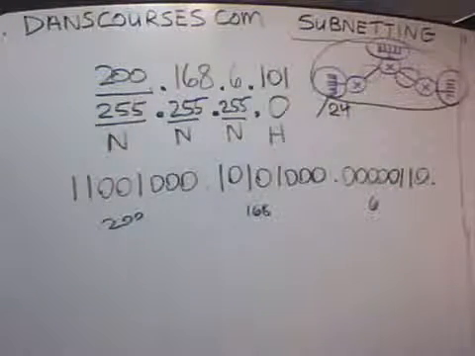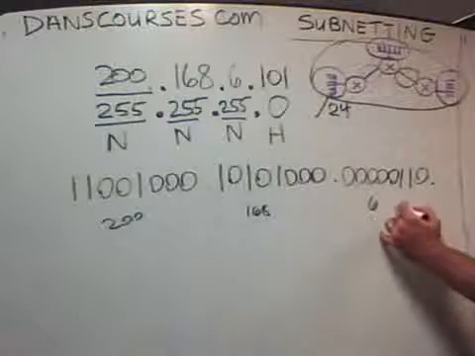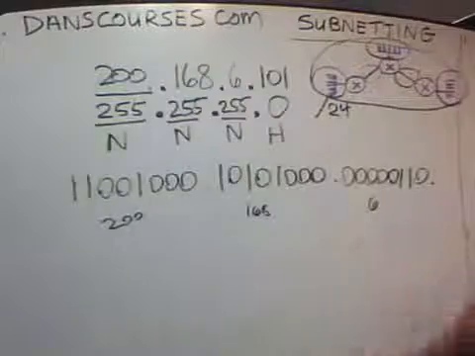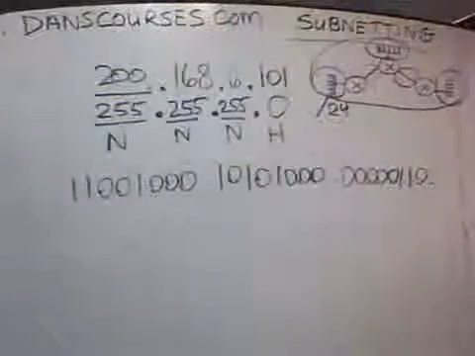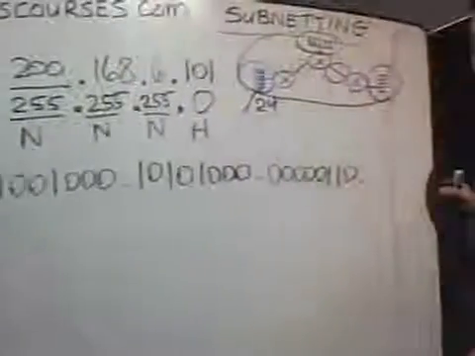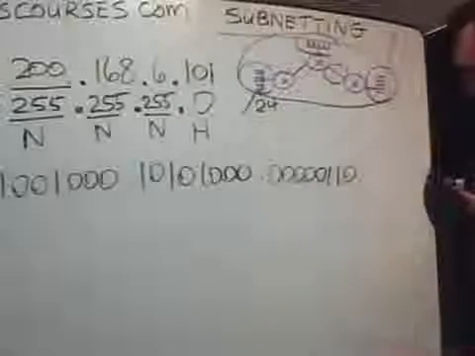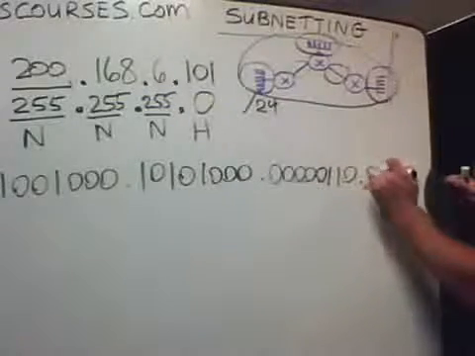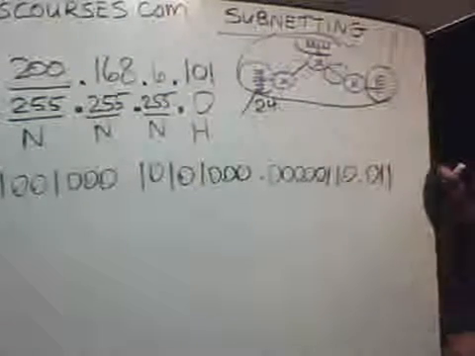I'm running out of space here, so that's problematic. So let me just put it over here. The 101. Shoot. Let's see here. 0 for the 128, 1 for the 64, 1 for the 32.